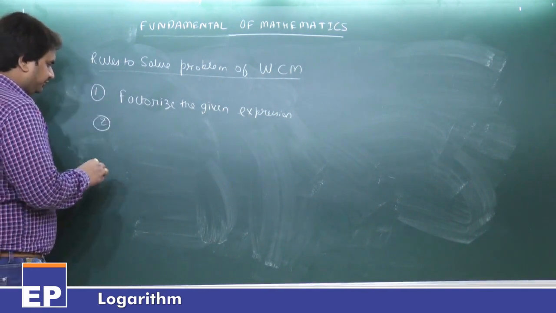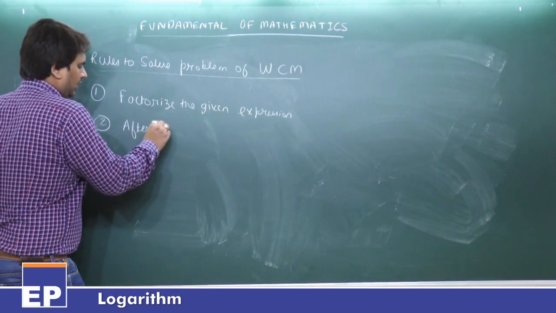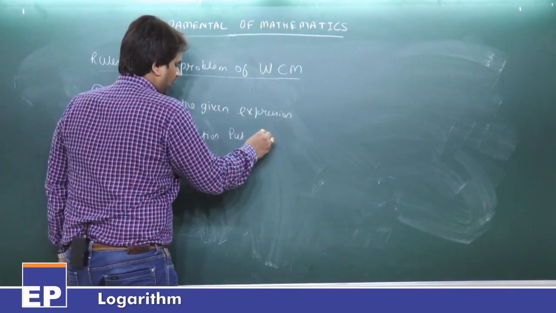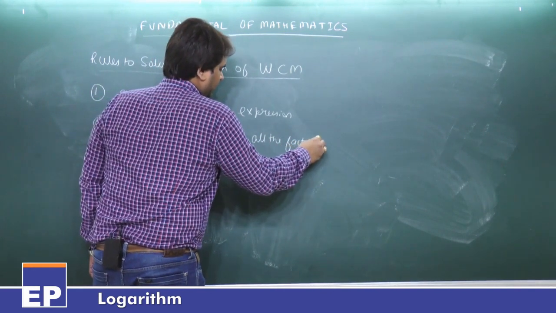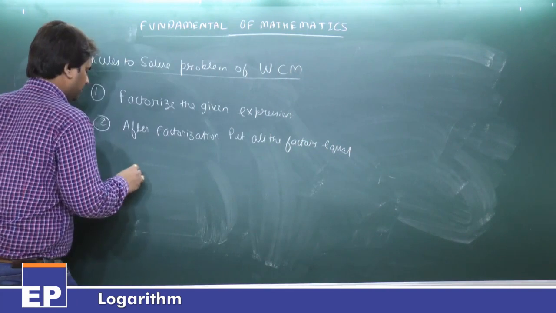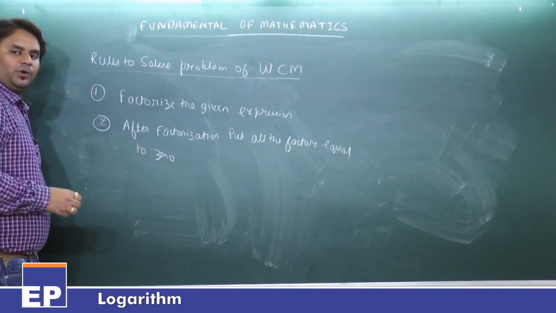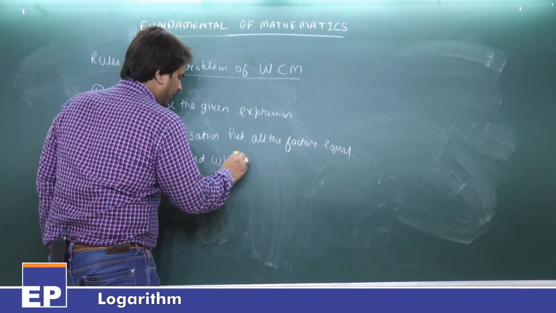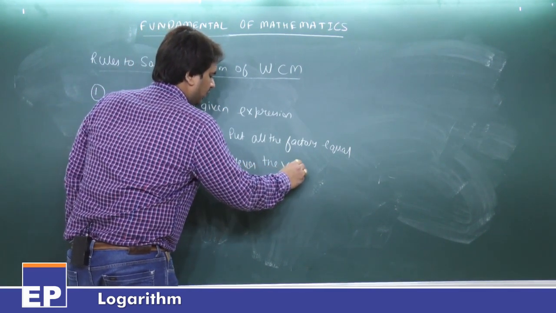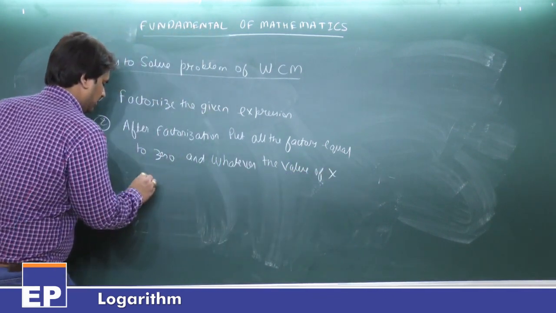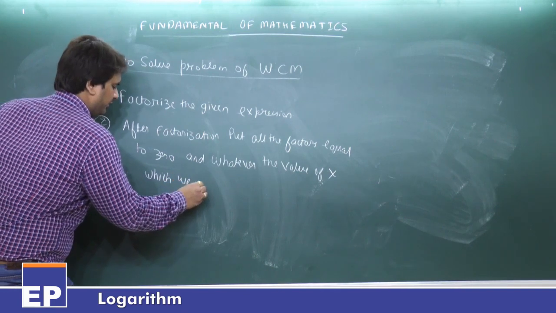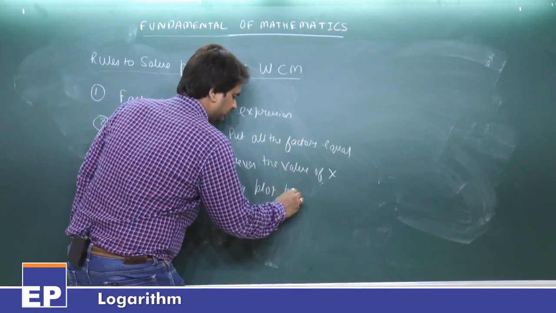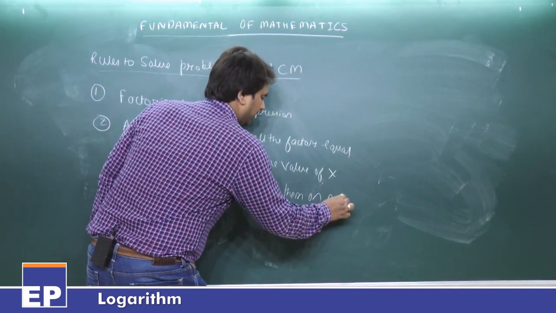What is the second rule? After factorization, put all the factors equal to 0 and whatever the values of x which we are getting, plot them on the number line.